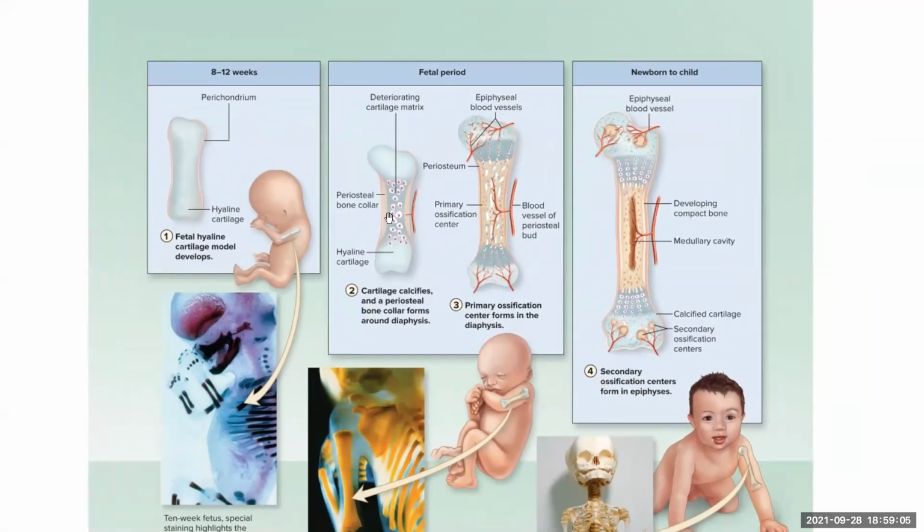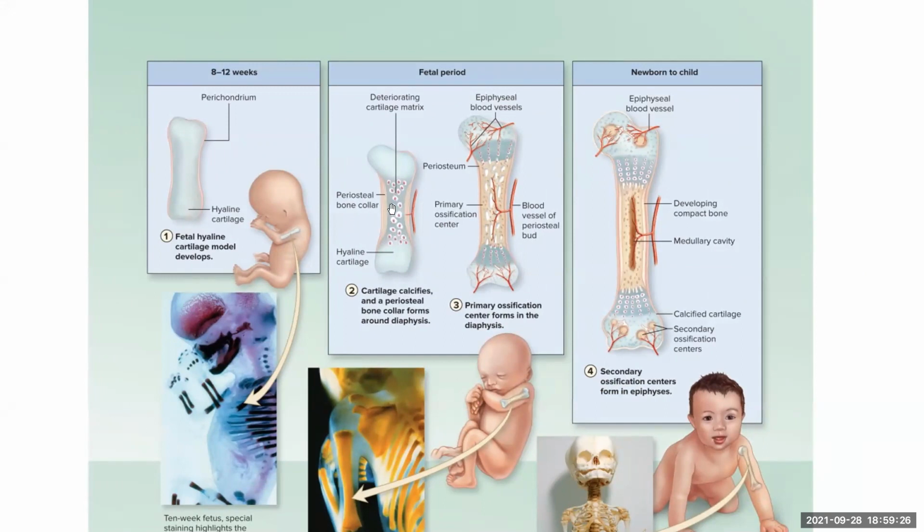Okay, so right here in the diaphysis, calcium infiltrates. It starts to cause the matrix to harden, it calcifies. The chondrocytes die as a result of that. And now you have all these holes throughout. Well, blood vessels will start to infiltrate, bringing in osteoblasts.